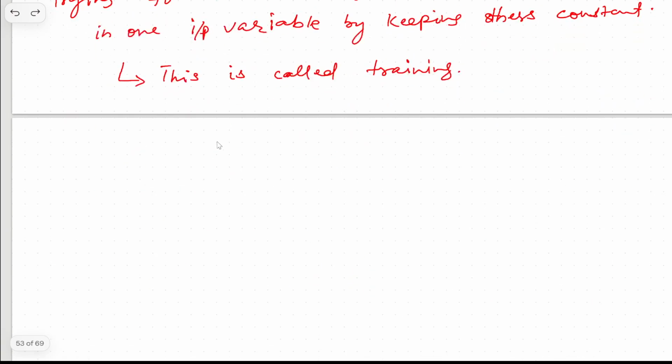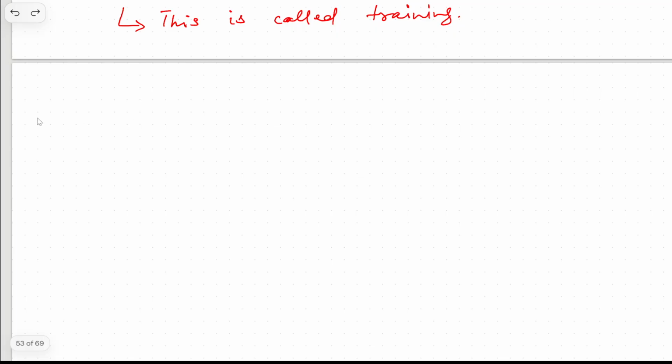Okay. Now let's talk about one more concept that is called gradient. These are very important concepts in machine learning, and they are very closely related to calculus.